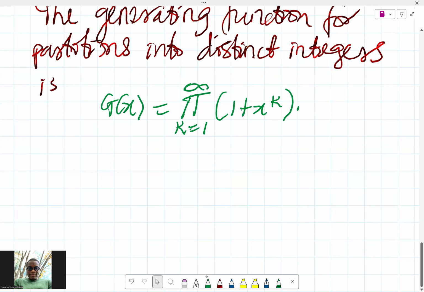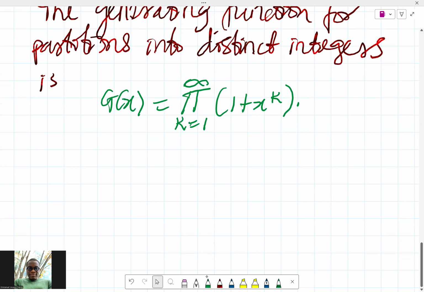So that goes. And then we also talk about counting subsets.